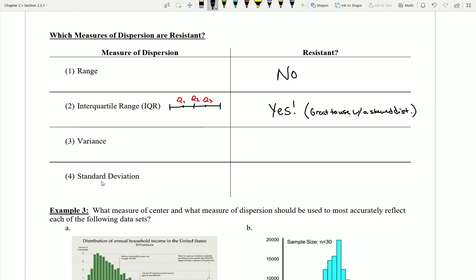Okay, let's jump here to number 4, the standard deviation. We can think about how we created or interpreted our standard deviation. We took our average, and our standard deviation was used to tell us how far above or below our x bar, or our average, we should jump. That means the standard deviation was tied to our x bar. And was x bar resistant back in the last section?